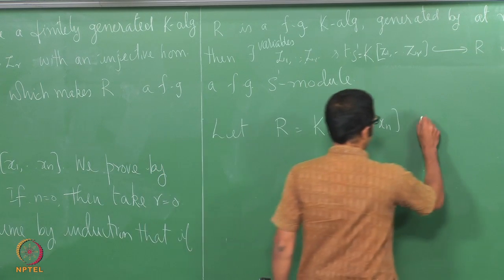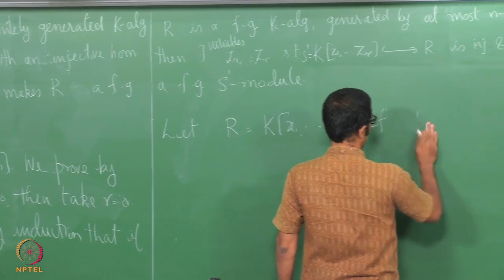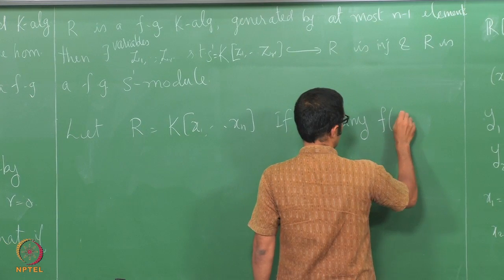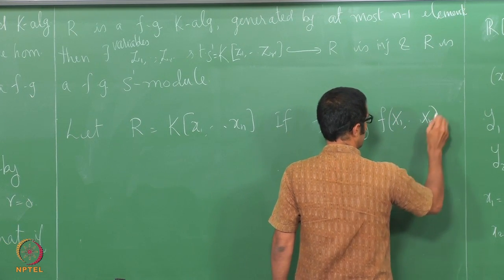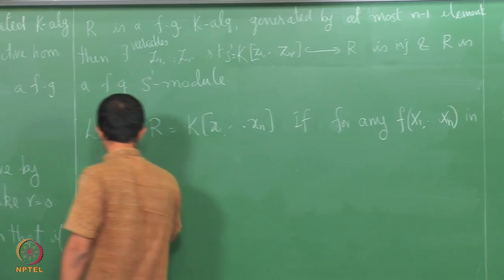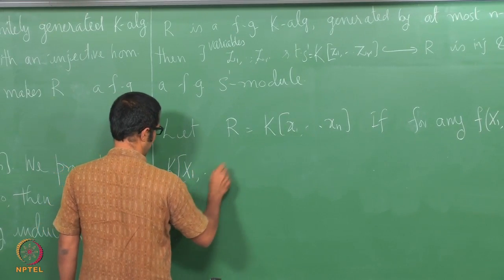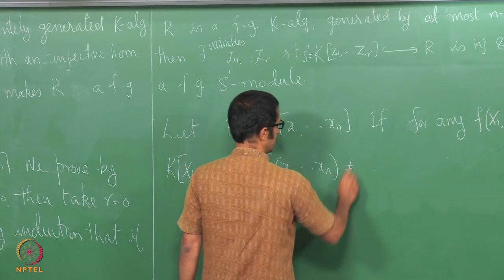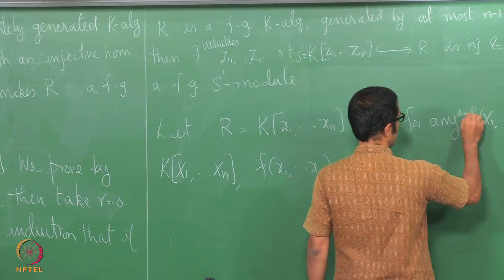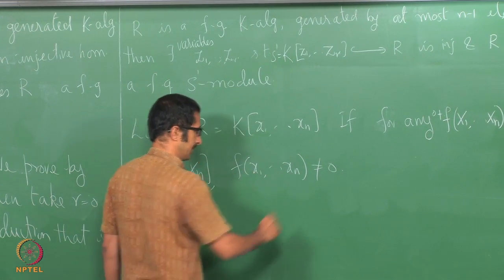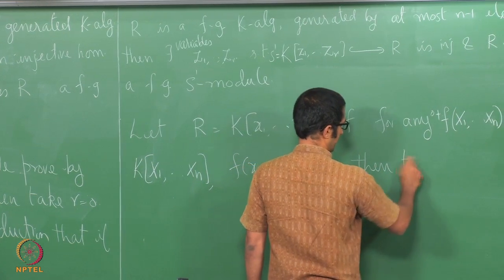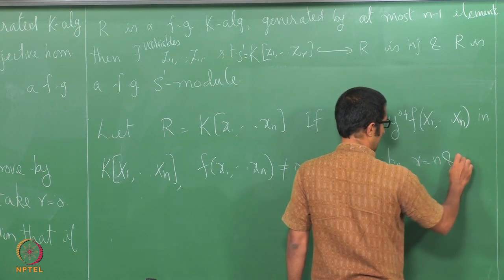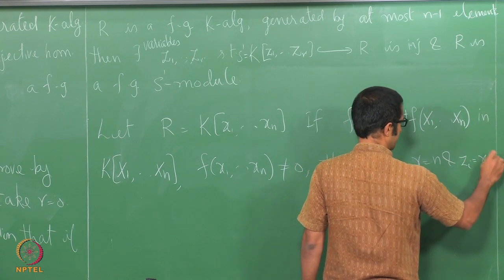Okay. So, if for any f, let us say polynomials in k x 1 up to x n, f of x 1 up to x n is non-zero for any non-zero polynomial, then take n r equal to n and z i equal to x i.